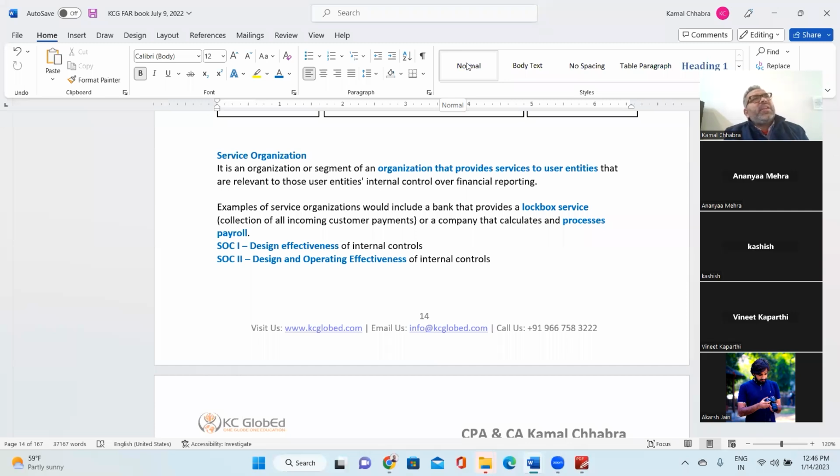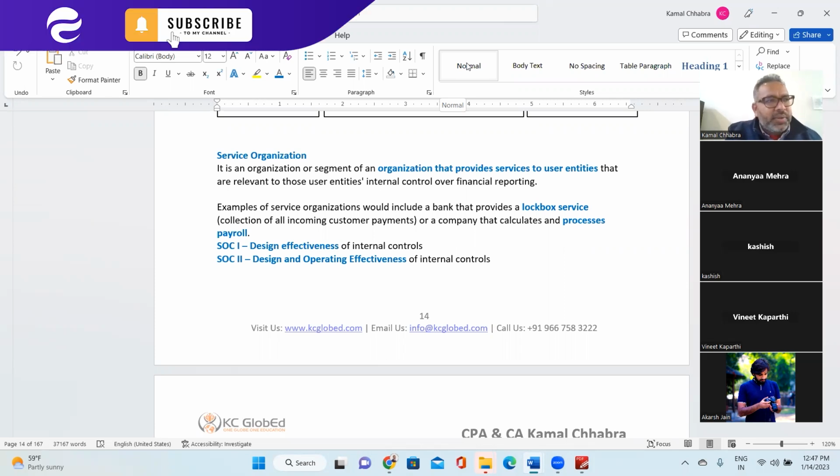In the same way, in India there are many companies who have outsourced their accounting. Maybe some company outsources accounts receivable, accounts payable, respective accounting, or customer relationship management work, which has been outsourced to countries like India, Philippines, Vietnam, Bangladesh.